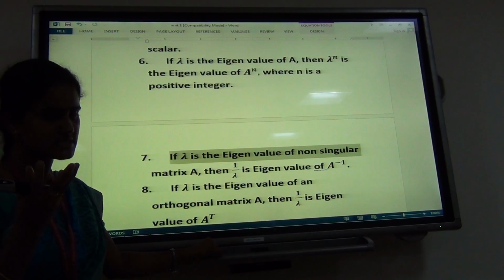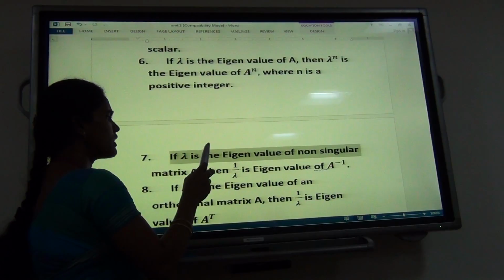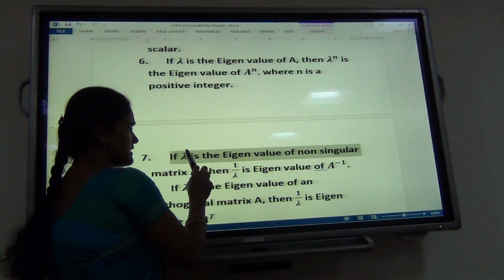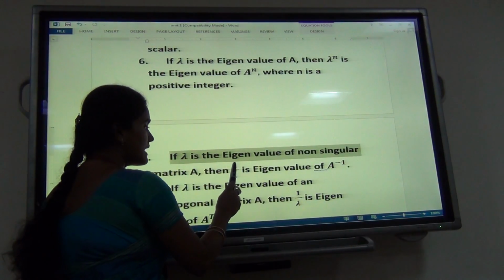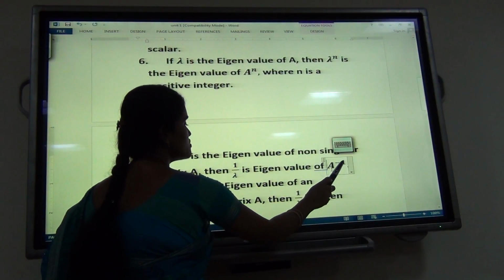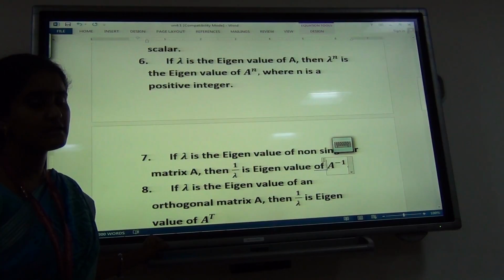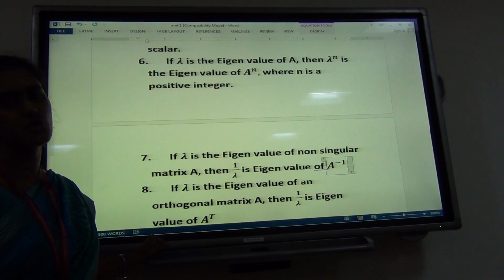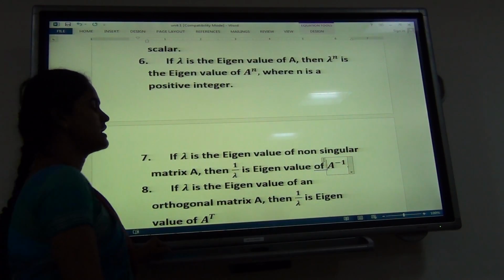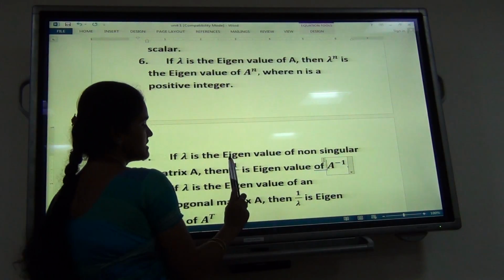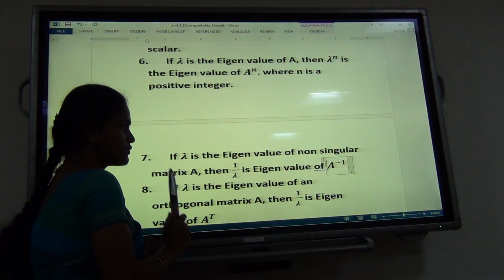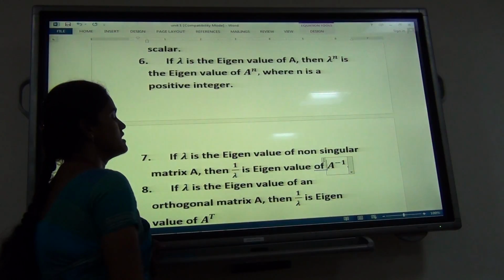So for such a matrix, if lambda is an eigenvalue, then 1 by lambda will be the eigenvalue of A inverse. When can we define A inverse? Only if the matrix is non-singular. So the eigenvalue of A inverse would be 1 by lambda, provided the matrix A is non-singular.